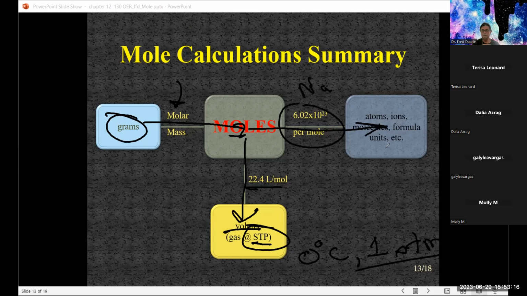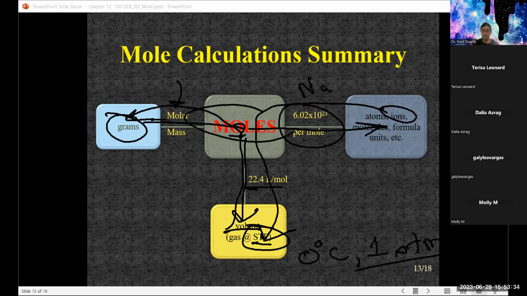I could start off with units of ions and go all the way to volume, but I've got to get to moles. Or alternatively, I can start with the volume and work my way to grams. But again, I've got to get through moles.